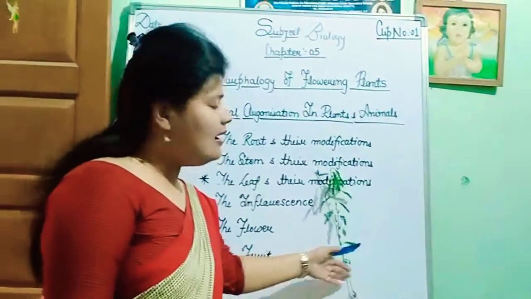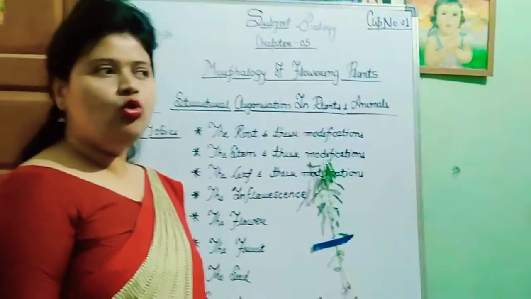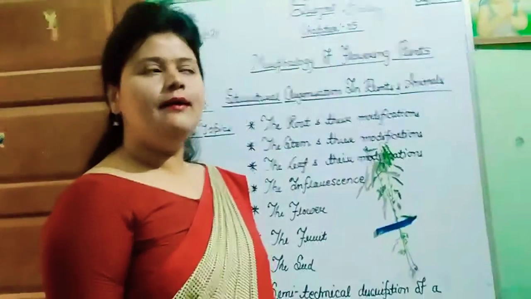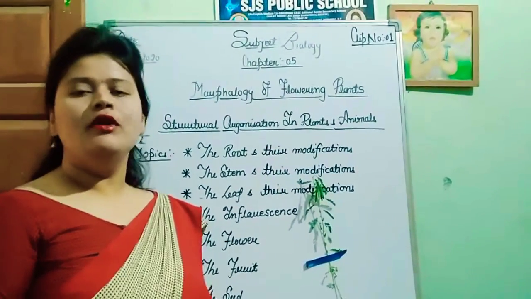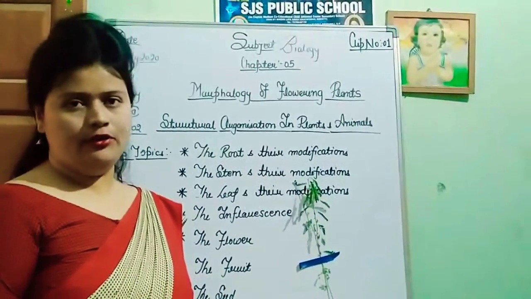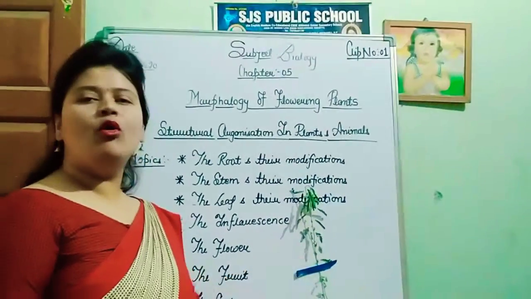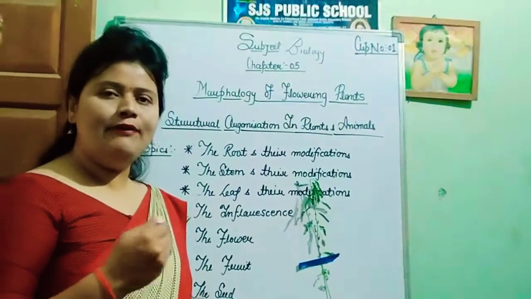This underground part of the plant body is called the root, and the root is responsible for the storage of food materials and mechanical support, and it also helps in the respiration process. Roots get modified into different parts.